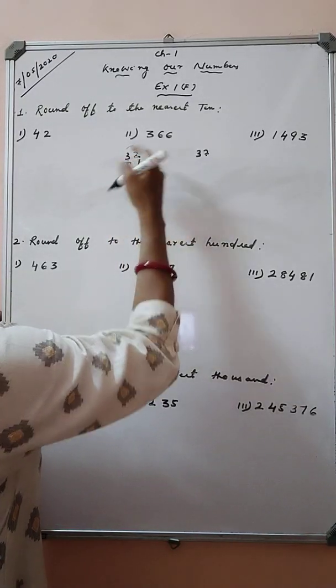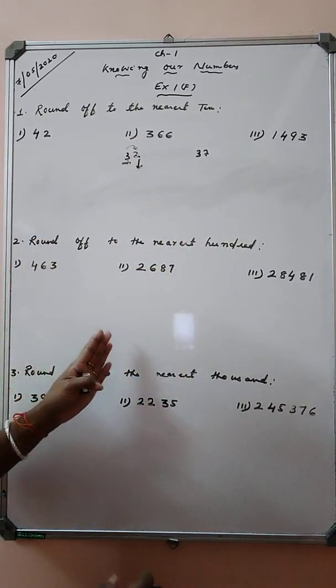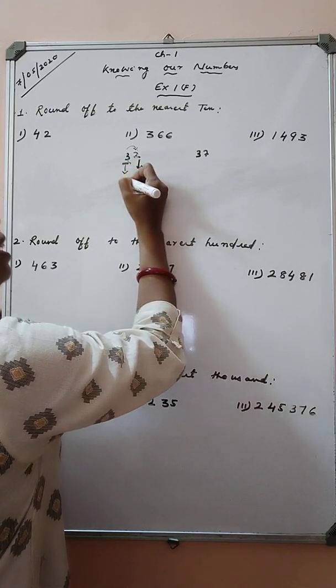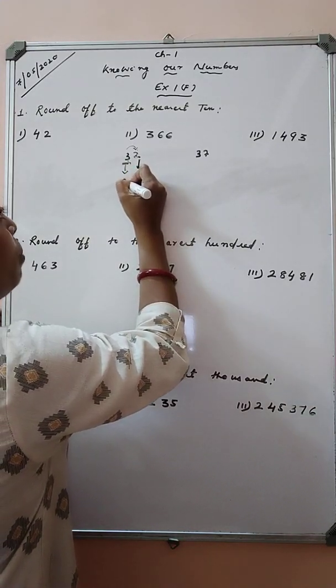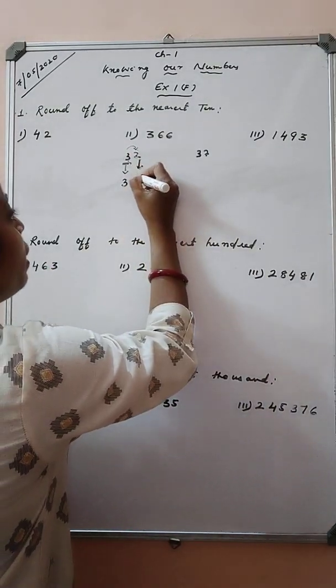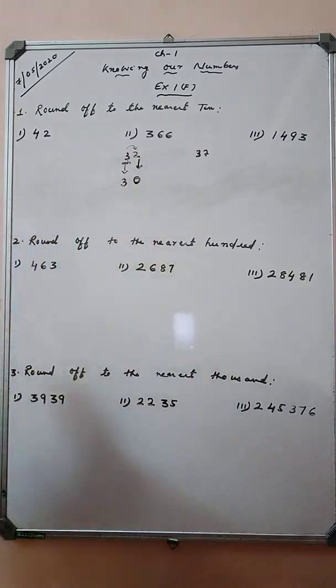If the digit at ones place is less than 5, we have to round this number down. 3 will remain 3 only. No need to change. And this 2 will be replaced by 0. So 32 is rounded to 30.